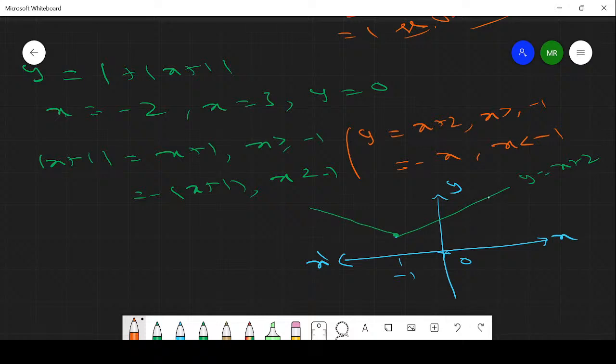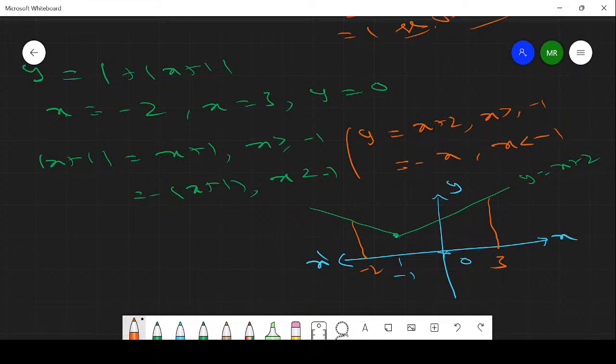They told us x equal to 3 and x equal to minus 2, and y equal to 0.